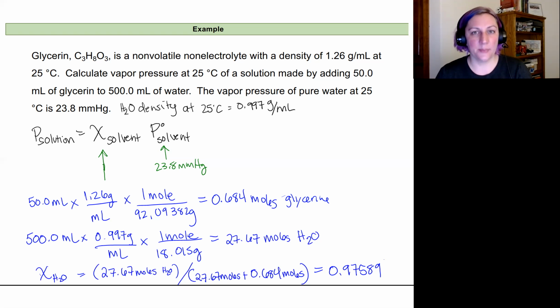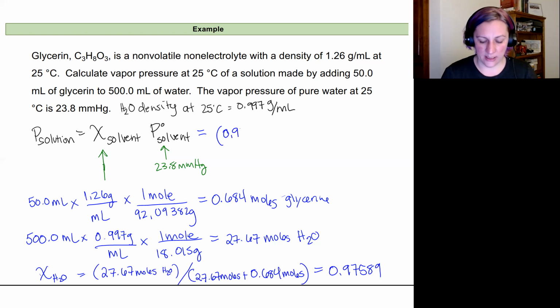Okay. I expect the vapor pressure of my solution to be very close to the vapor pressure of water as a pure substance at this temperature. But let's figure out exactly what it is. To calculate this, I'm going to take that mole fraction I just calculated and plug it into my equation.